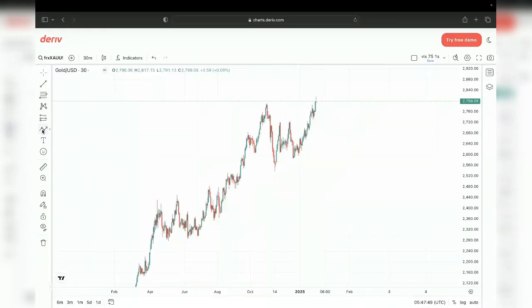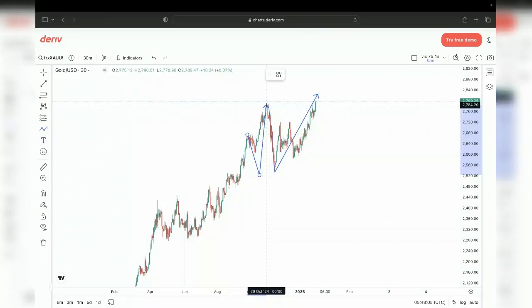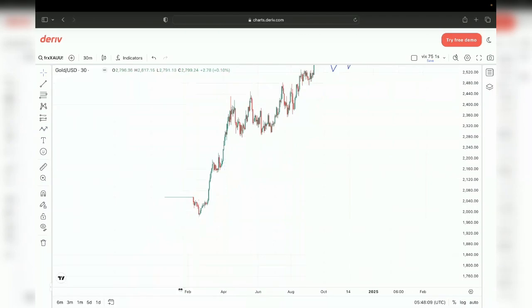Instead, it's forming something like this now. All of these were structural liquidity. Assuming that this swept one of these and then created structural liquidity, this would have been an entry. It did not. That's not what I'm talking about anyway.